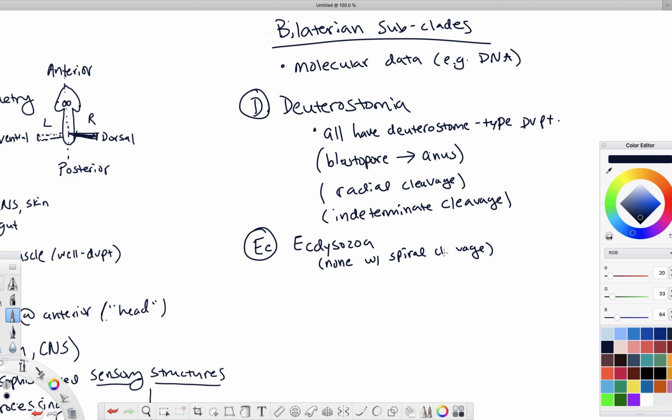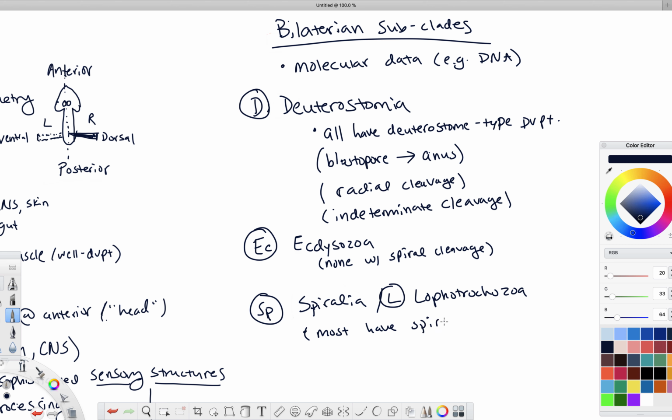It's not really a characteristic that is shared, but in Spiralia or Lophotrochozoa, we'll see how those names work out, most have spiral cleavage, though there's variations. Maybe I just say many have spiral cleavage.